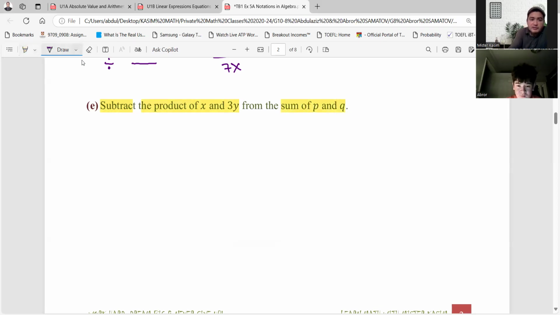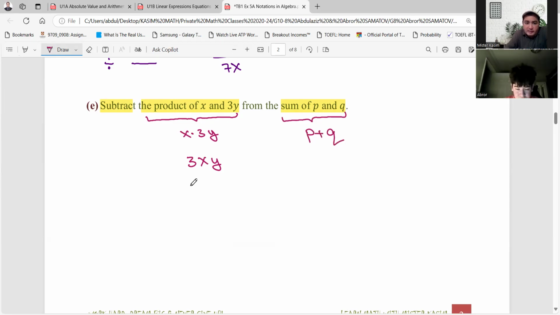All right, let me just write expressions for them. The product of x and 3y, what is it? It is x times 3y. Or again, simplify this: 1x, 3y. 1 times 3 is 3xy. And what is the sum of P and Q? That is P plus Q, right?